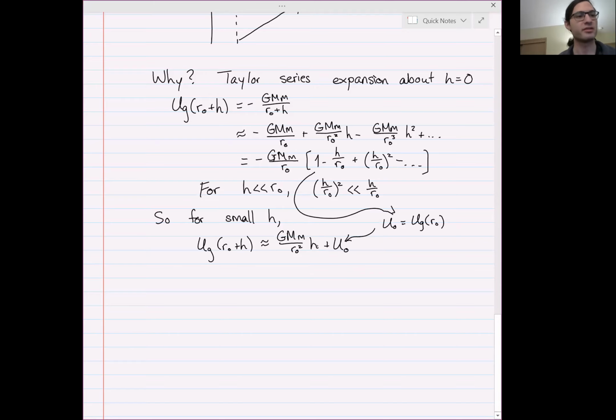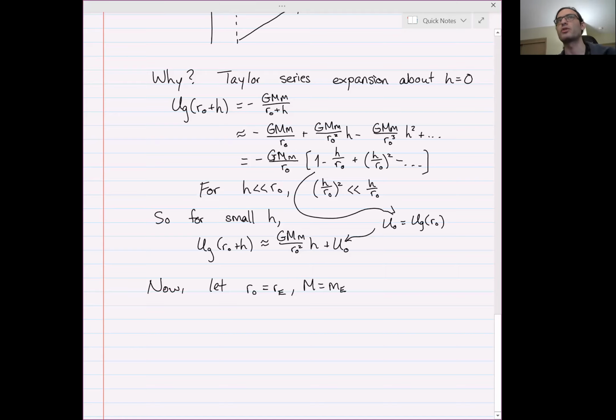So why do we care about this? Well, now we can just choose whichever r naught we want, and this will still be a valid approximation. So we're going to let r naught be the radius of the Earth, and we're going to let the big mass be the mass of the Earth.